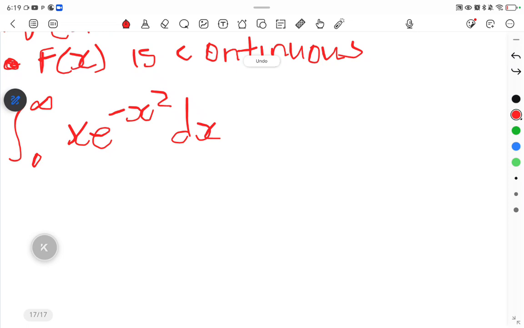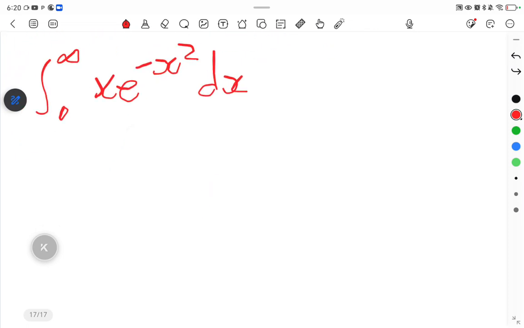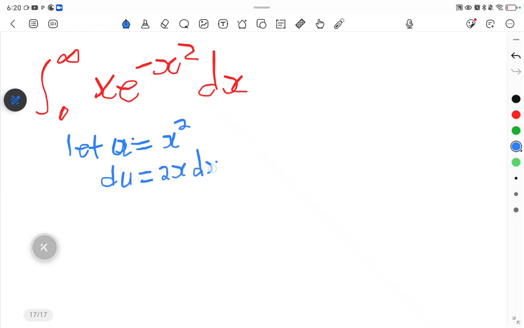Then let's try to let that be u. So I'll let u be equal to x squared. Then I derive this, I get 2x dx. Then du over 2x is equal to dx. Then I come back to substitute.